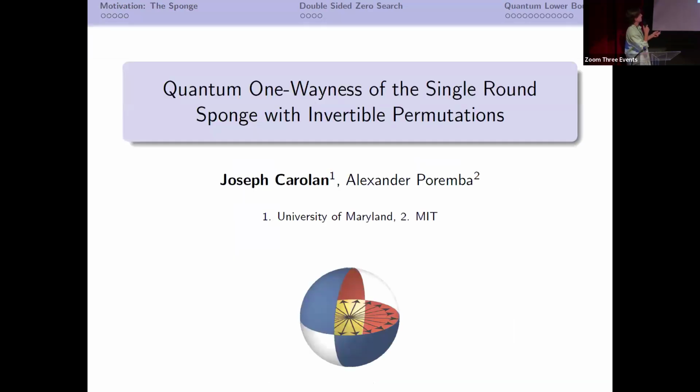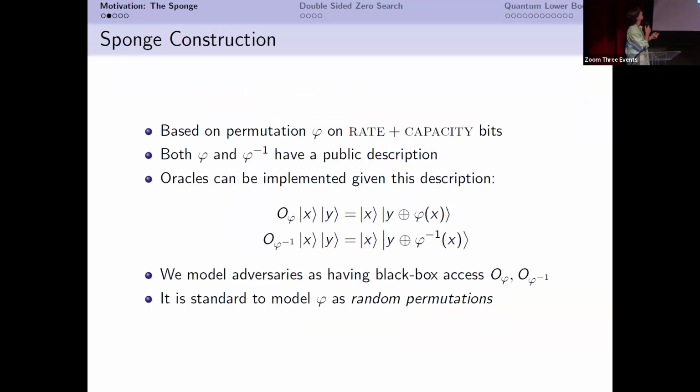So, okay, what is phi? In most cases in the real world, like in SHA-3, the usual model of phi is that it's a permutation. The size of the top wire is rate many bits, and the size of the bottom wire is capacity many bits. So it acts on rate plus capacity many bits.